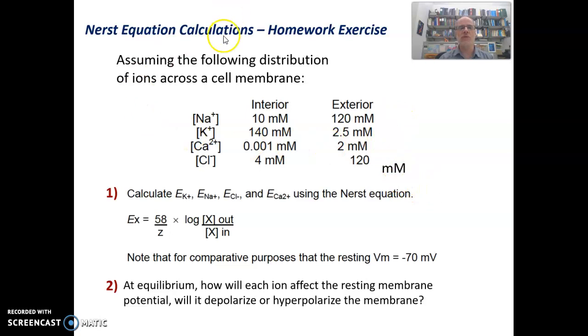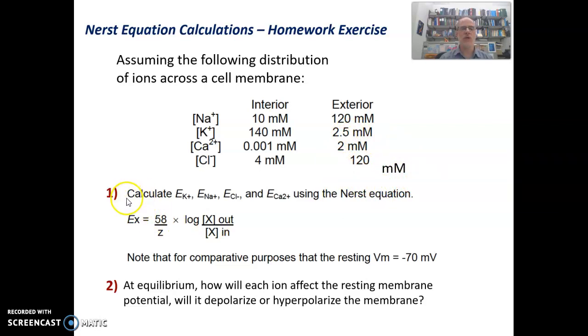So assuming the following distribution of ions across a cell membrane, whereby sodium has a concentration of 10 millimolar inside and 120 millimolar outside the cell, potassium 140 inside, 2.5 millimolar outside, calcium 0.001 millimolar inside, 2 millimolar outside, chloride 4 millimolar inside, and 120 millimolar outside.